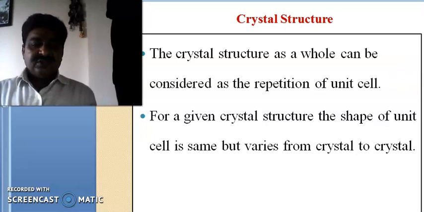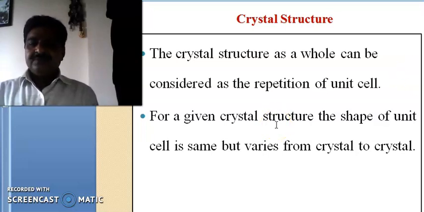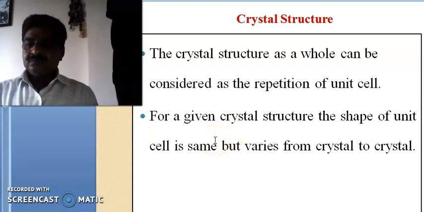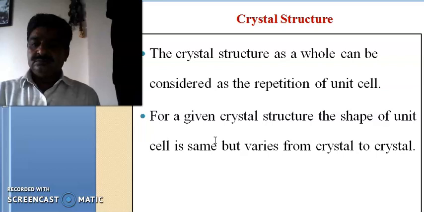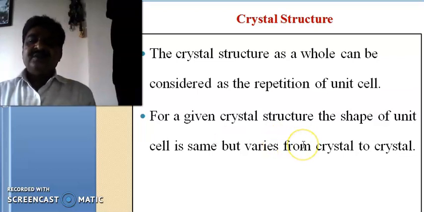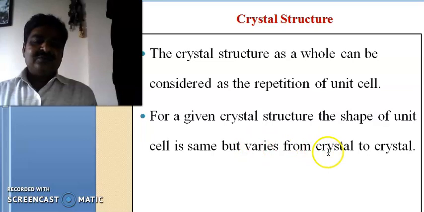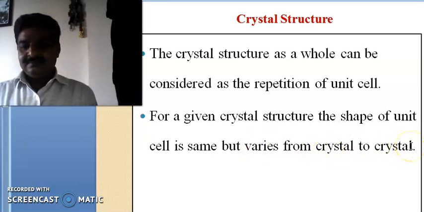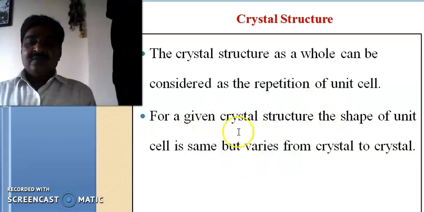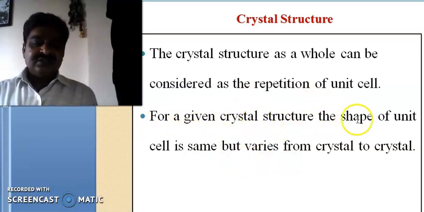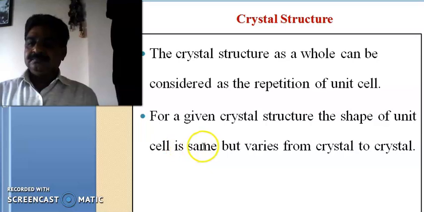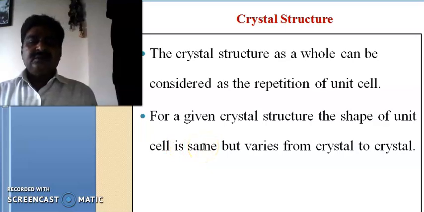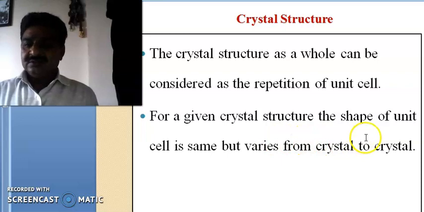For any given crystal structure, the shape of the unit cell is the same, but it varies from crystal to crystal. This point you remember. If the crystal changes, its shape changes.